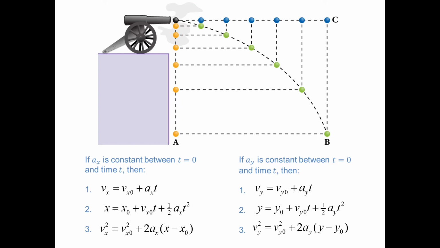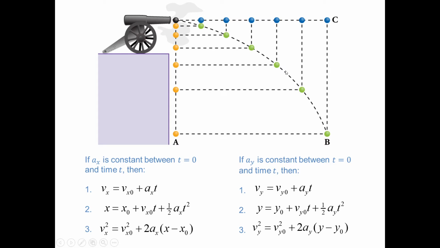So for example, here's a picture I stole from the web of a cannon up on a cliff, and the cannonball is fired, and it follows this path going down here, right? In this case, we would say, look, it's accelerating along the y direction. It's not accelerating at all along the x direction. ax is 0, just like it was in the previous cartoon.